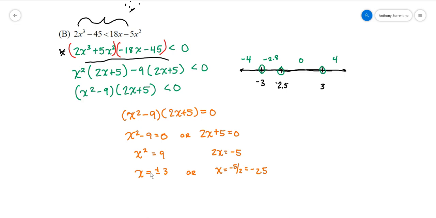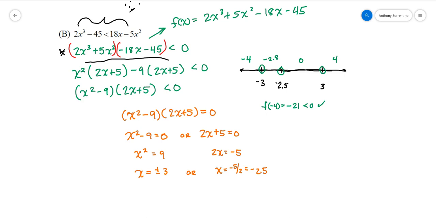And with this being f of x, I'm going to put each one of these values into that function, and I want the ones that are going to make it negative. So if I put in the negative 4, I get negative 21, which is less than 0.